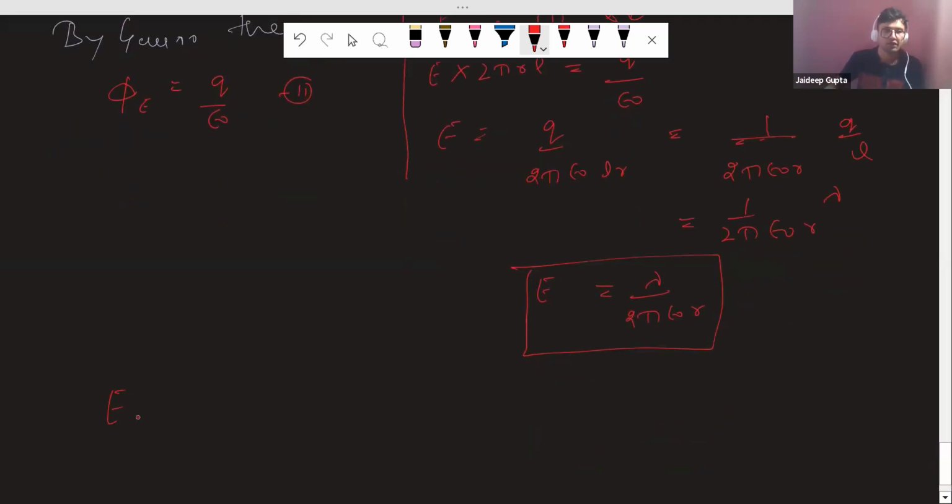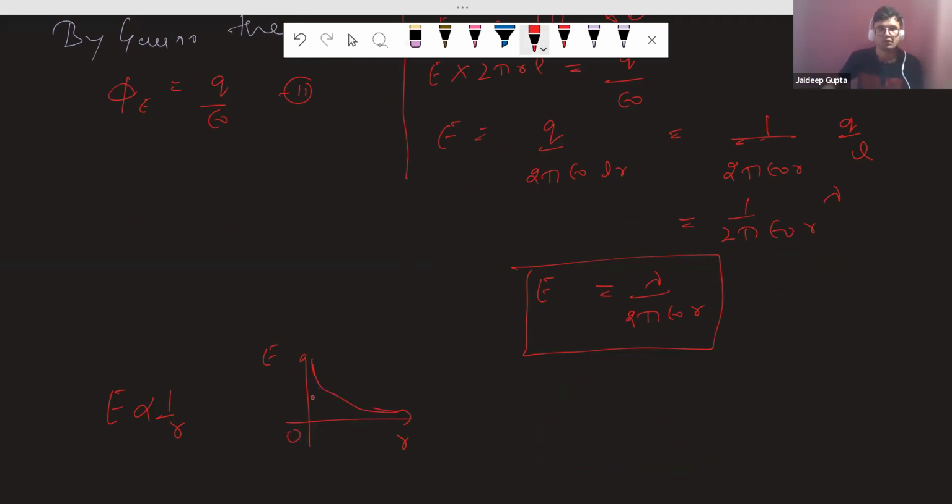We can conclude E is inversely proportional to R. Now, if we have to plot the graph between electric field and distance, it would be a hyperbola, because inversely proportional. This derivation is important. This graph also. Is it fine? Yes, sir. Okay, next.